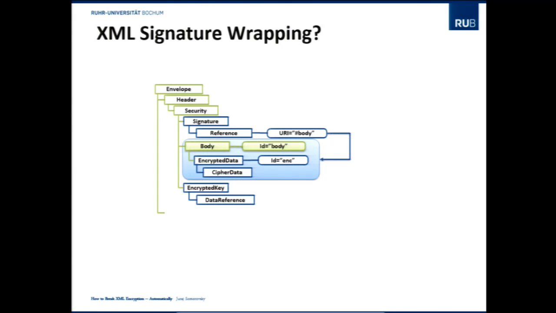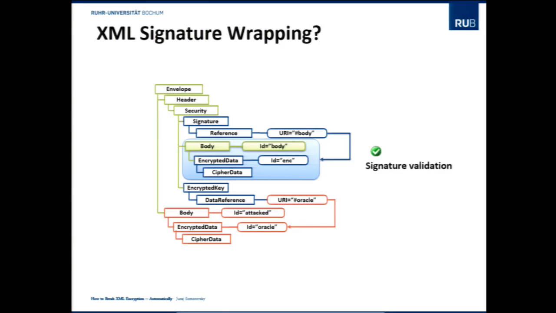And this way, the signature now protects the body in the security header, and he can define all encrypted elements in the SOAP body and force the web server to process them. So this way, the signature is always valid, and the data is decrypted, and the attacker can modify it because it is not protected. Okay? So this is the first problem.